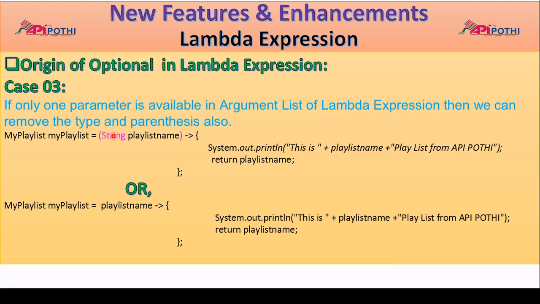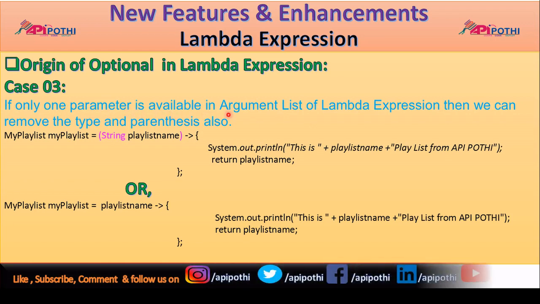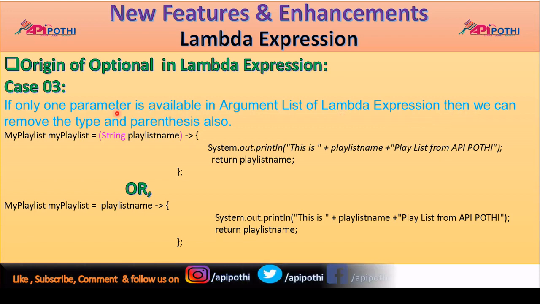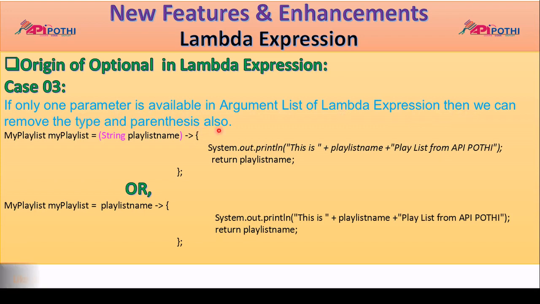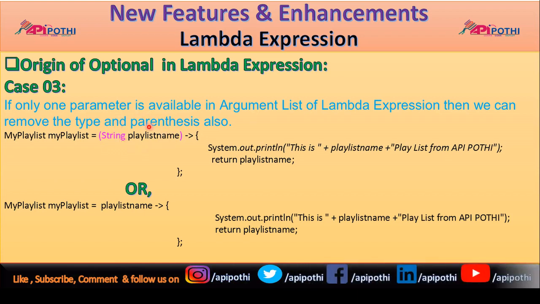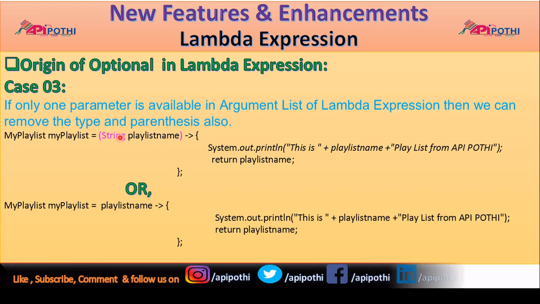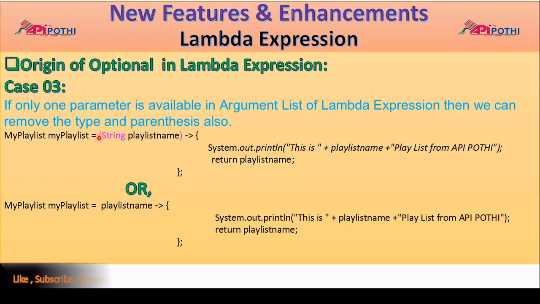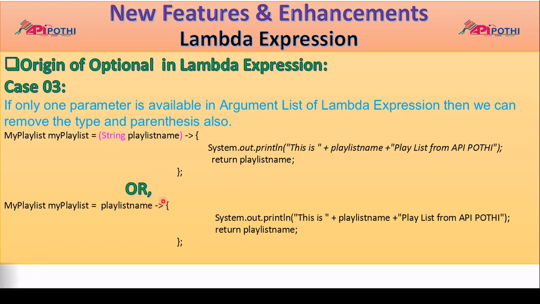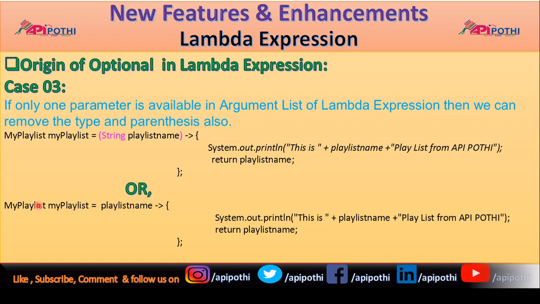Followed by that, in the third case, if only one parameter is available in the argument list of the lambda expression, then we can remove the parentheses also. Meaning that if the argument list contains only one variable, then there is no need to write the parentheses itself. Directly you write the arrow, provide the implementation, and save it.